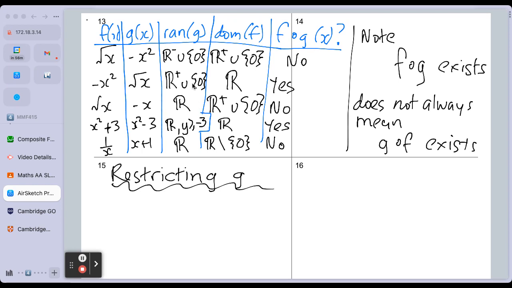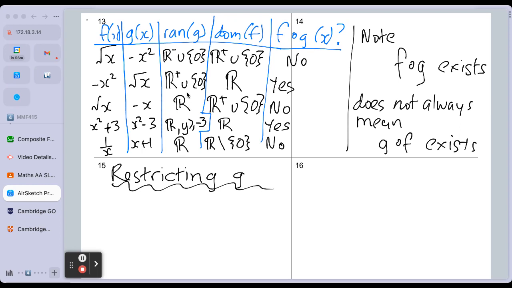For example, in this one here, if we modify the range of G so that it is the same as this or less than this, then we would be able to find F composed with G.